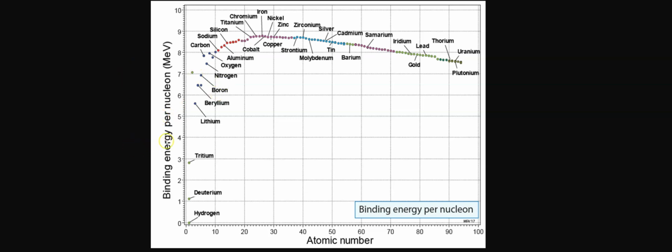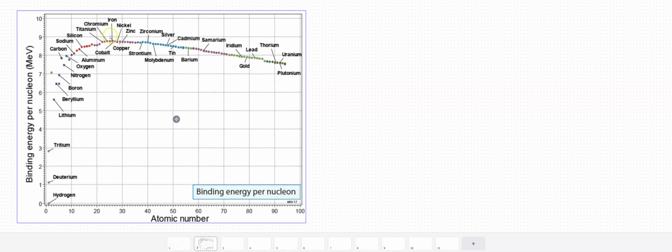Now, when you have a lot of binding energy, that means you're very stable. It takes a lot of energy to destroy, to unpack those nucleons. So you want to be nickel, because all the protons and neutrons are cozy in the nucleus. They don't want to go anywhere. Going from the left towards nickel, it's a process called fusion. So the stability happens around here.